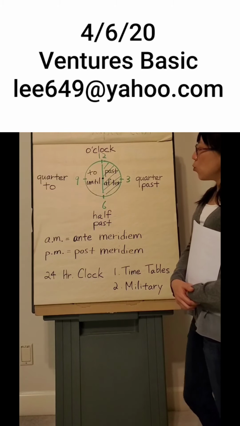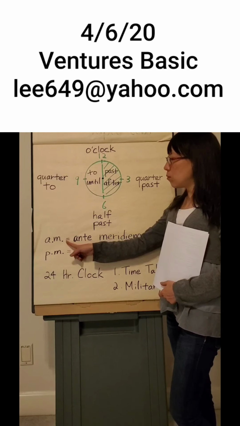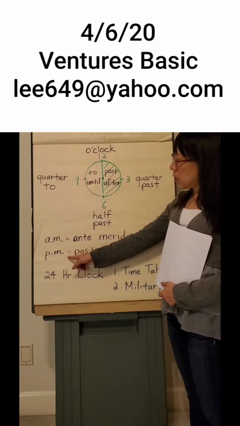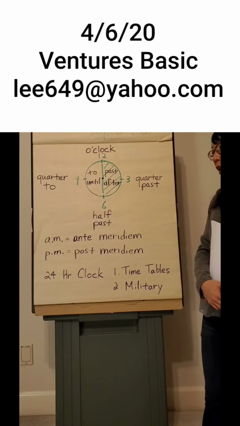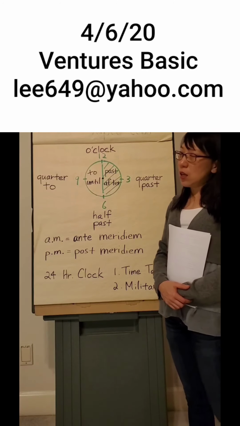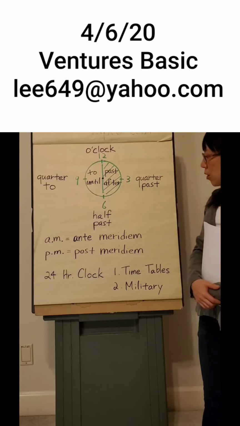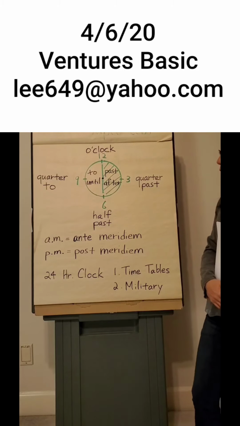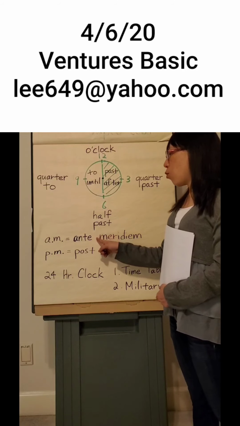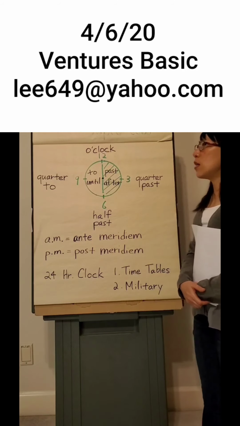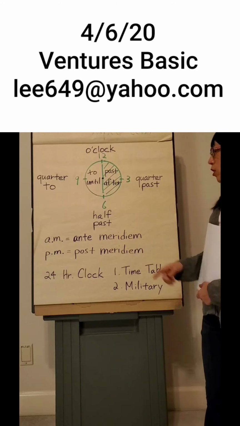In American English, we use AM for morning and PM for the afternoon and the evening. AM stands for ante meridiem. Ante means before, meridiem, midday. That's what it means, morning. So this would be before 12 o'clock in the afternoon, before noon.